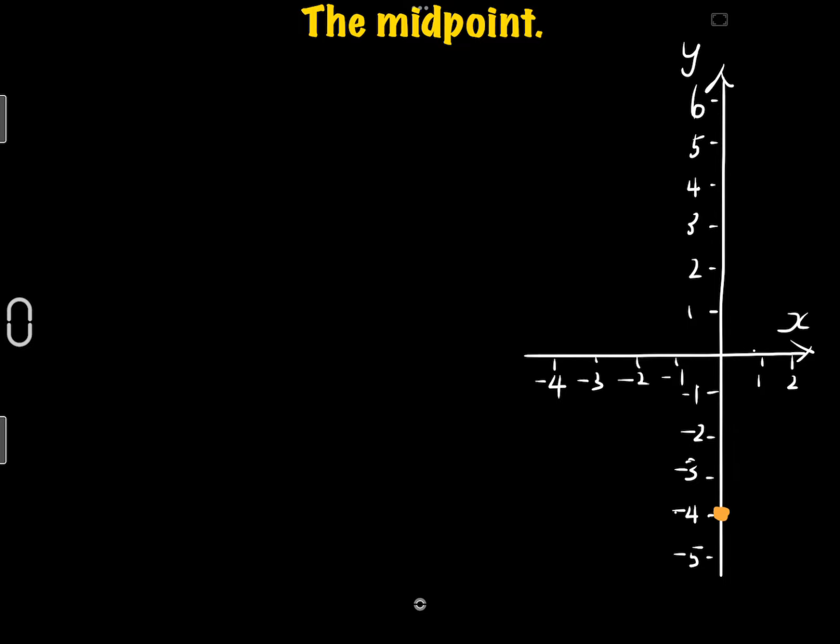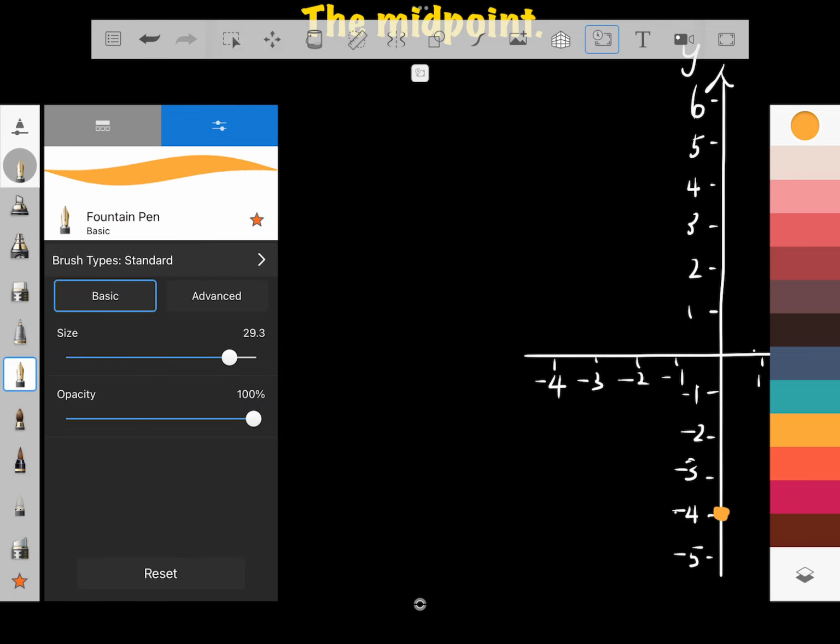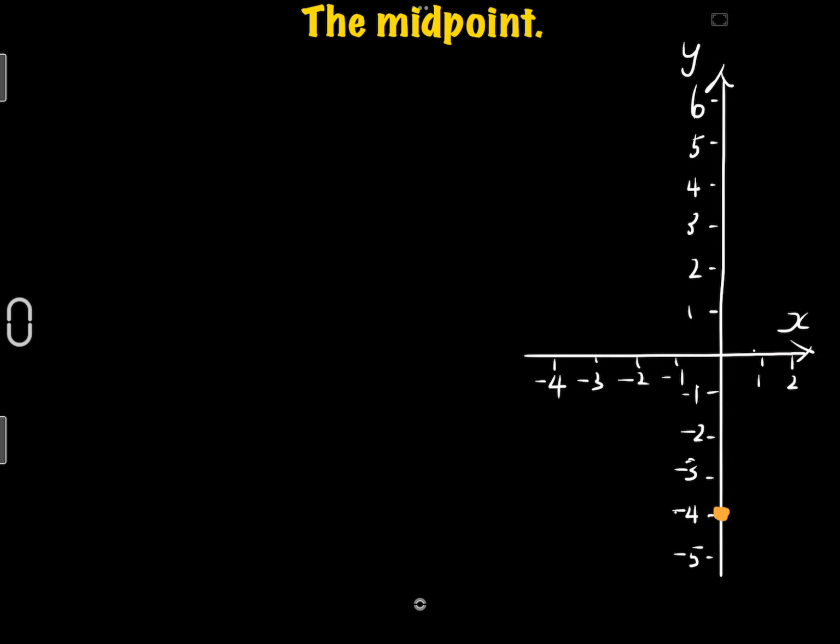And on the other side, we are given the coordinates at B, when x is equal to -2 and y is equal to 6. So this is the point. These are the two nodal points.